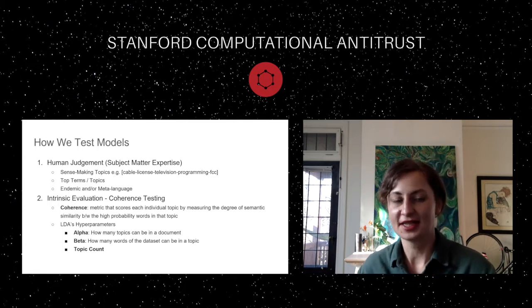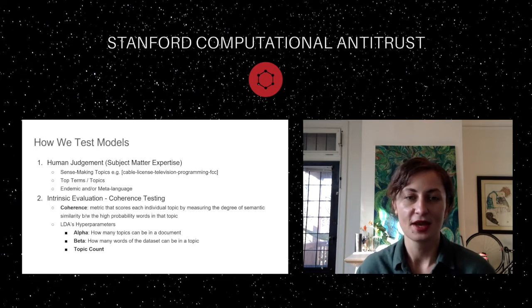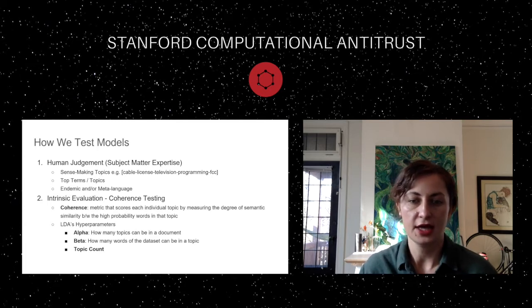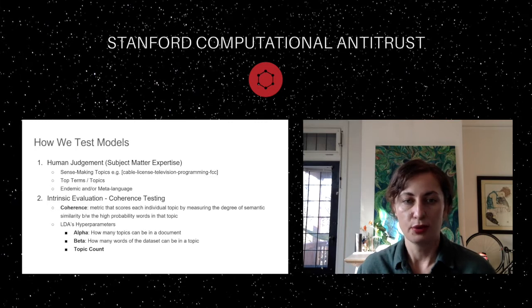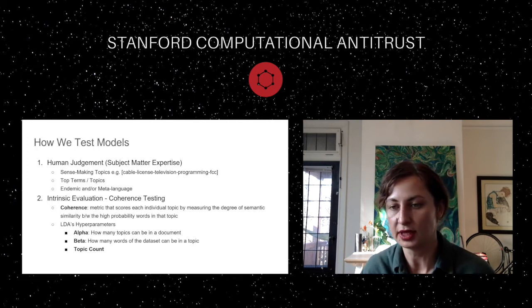Okay, back to the coherence metrics that Felix had led into. We test models at the DSC with a dual approach. Like Felix mentioned, there's a lot of human judgment in these models, and we incorporate that subject matter expertise at two points in our analysis.